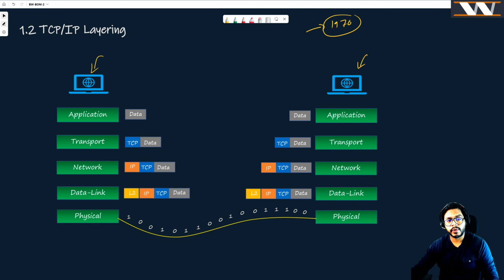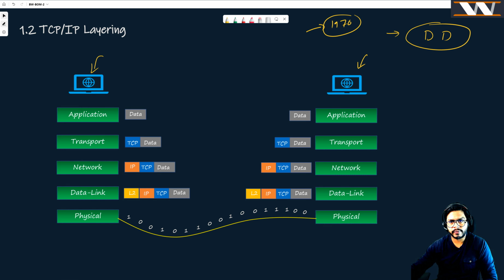Now the problem was how I make sure that these computers can communicate with each other. And that was in need at that point of time, because computers were there, but nobody was able to make sure how we can make these two computers communicate, right? Or talk.